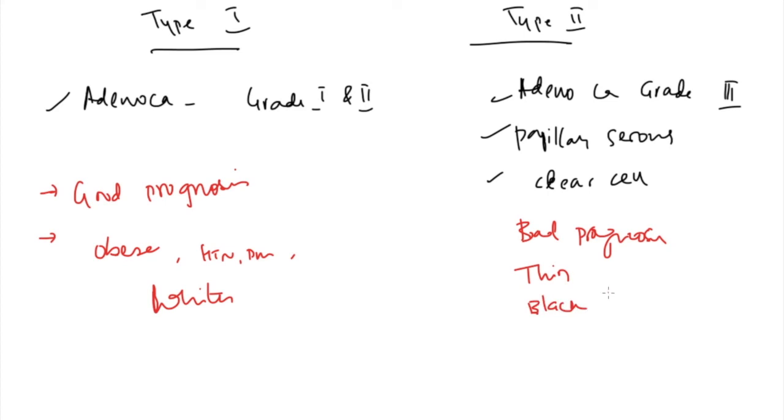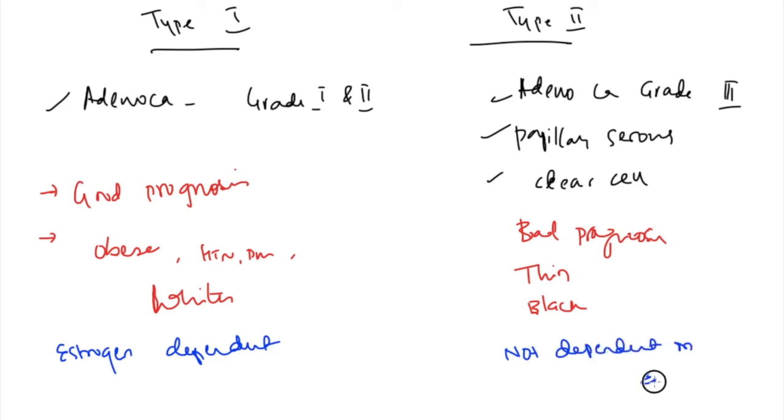So these are the things that are associated with type 2. Everything is typical about type 1, about what we have studied. So it will be estrogen dependent, while this is not dependent on estrogen. So type 2 is bad.